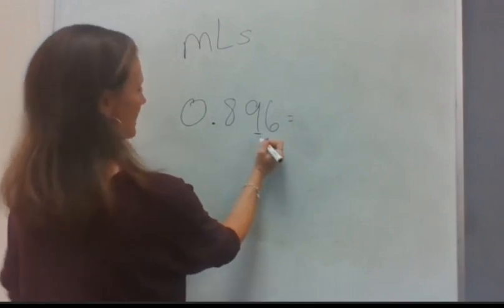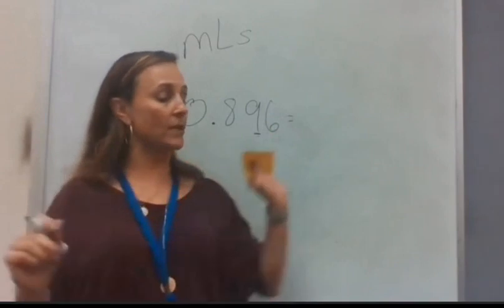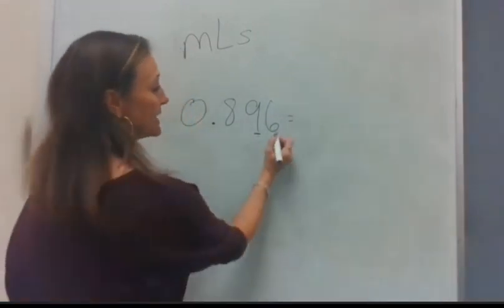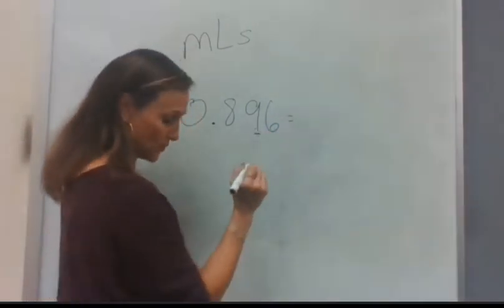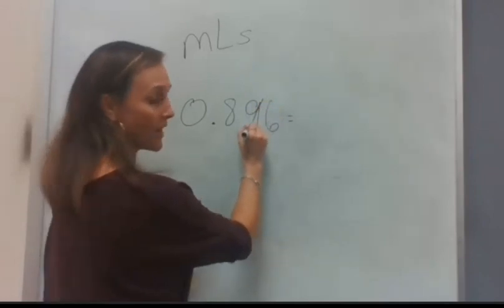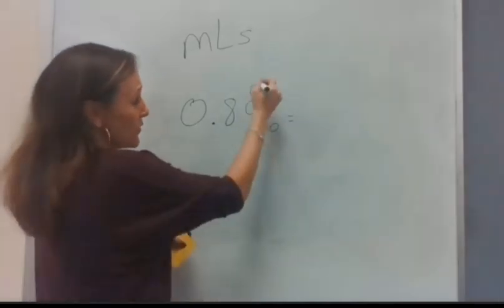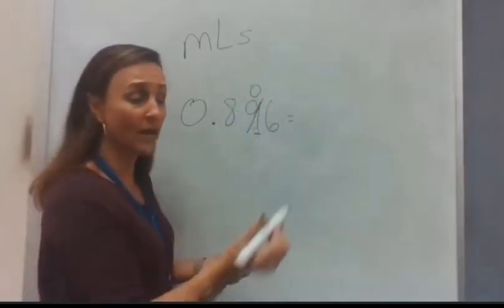Here's my hundredths. I need to look at their friend that is to the left of them. Is this friend going to affect this person? Yes. This 6 is going to make this a 10, so a 0. But I have to put my 1 over where?